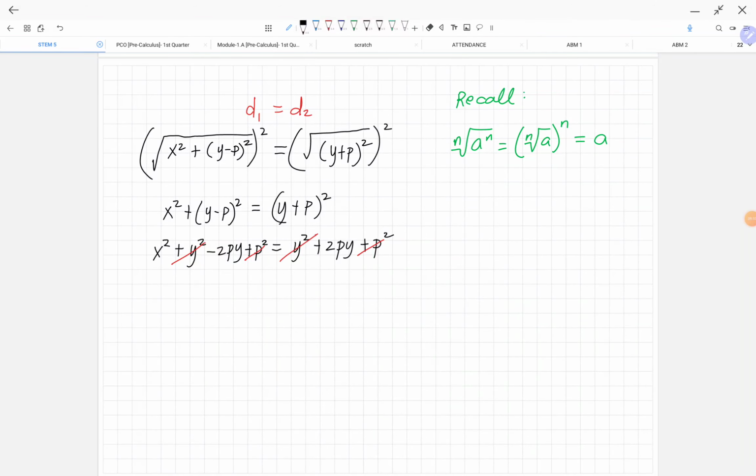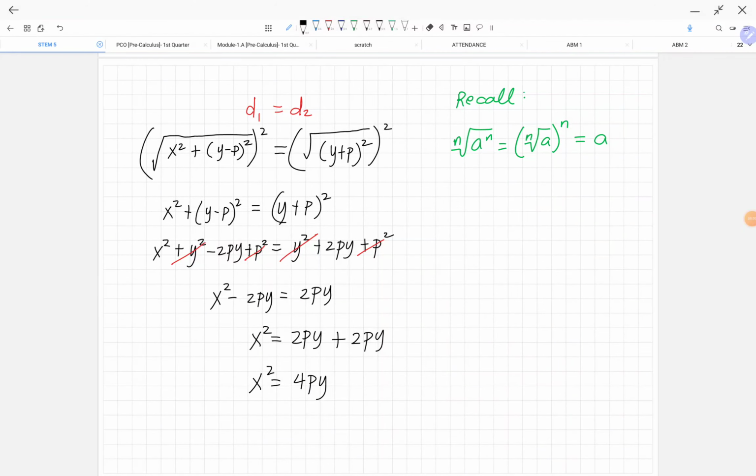So the only remaining terms are x squared minus 2py equals 2py. And solving for x squared, so x squared equals 2py, transposing negative 2py, it will become positive 2py. And simplifying this, since they are similar terms, we can just combine them. 2py plus 2py is equal to 4py.